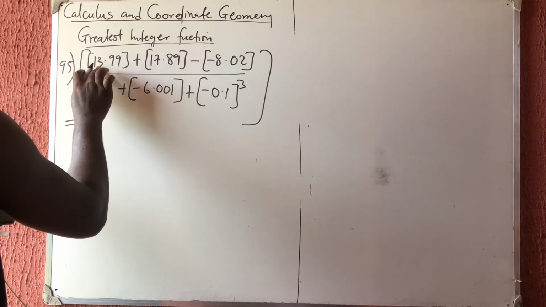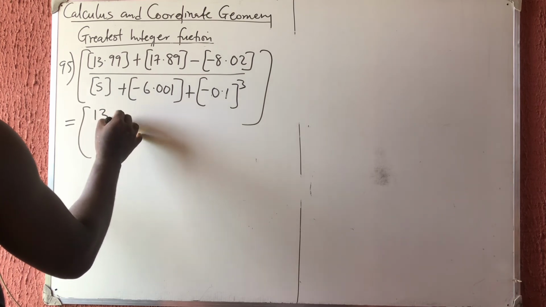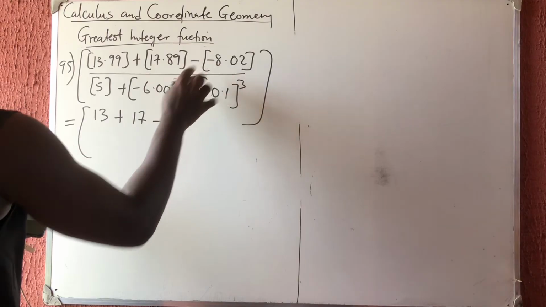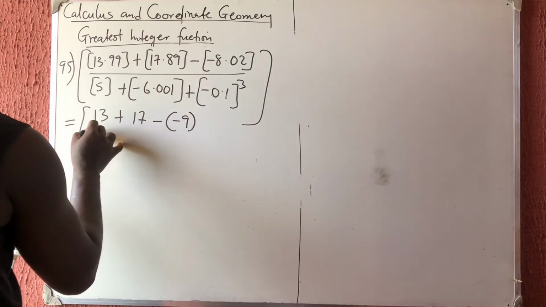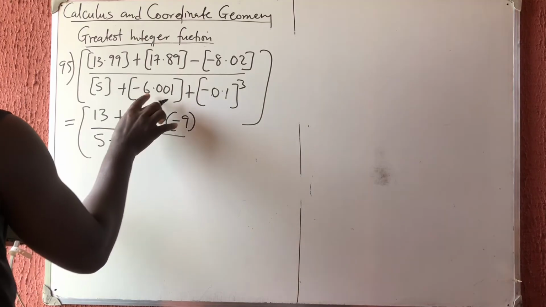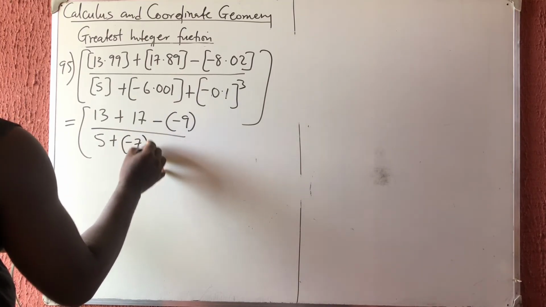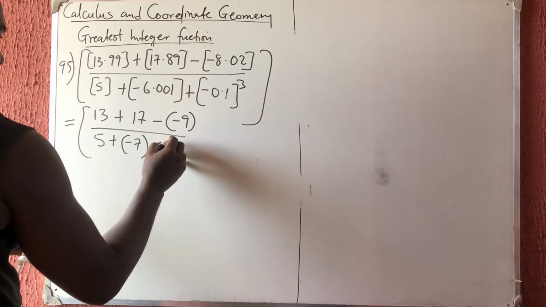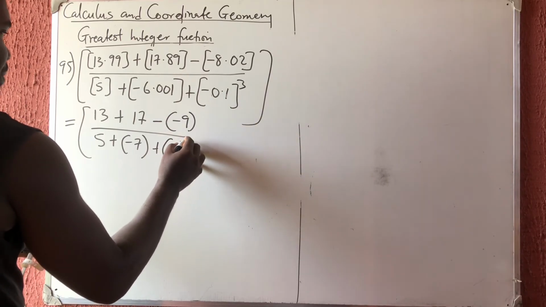This one is a positive number, so we are taking 13, plus positive number we are taking 17, minus negative number we are taking minus 9. Positive number we are taking 5, negative number we are taking minus 7, negative number again we are taking minus 1, then raised to power 3.